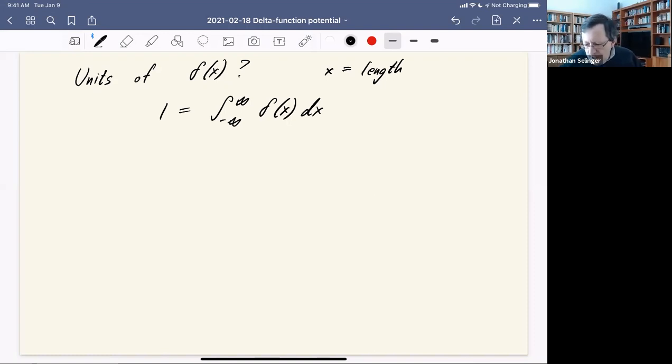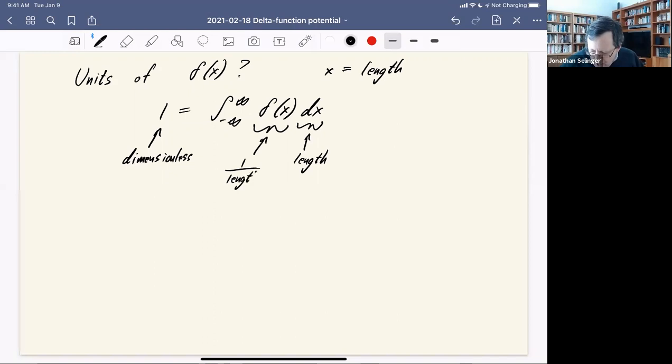Okay, so when you integrate something dx, that has the same units as x, right? And so it has units of length. Okay. On this side of the equation, 1 is dimensionless. Okay. So we must have that delta of x has units of 1 over length.